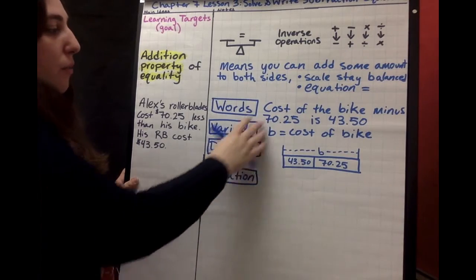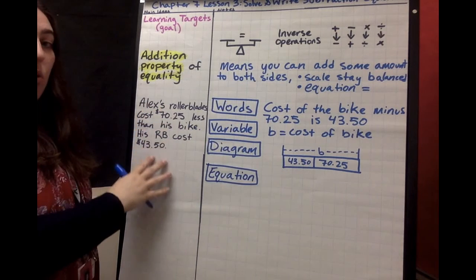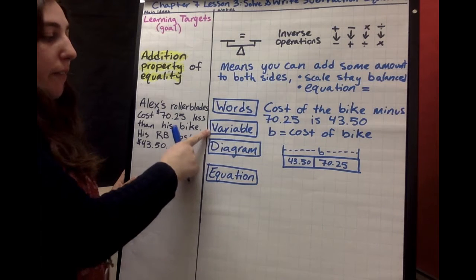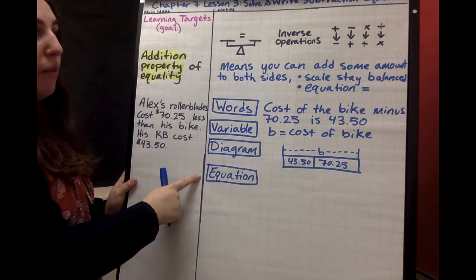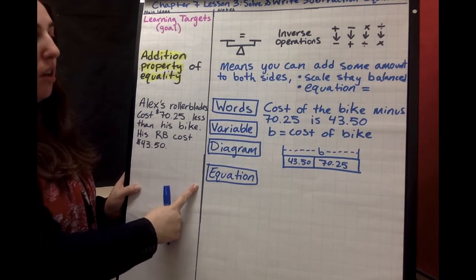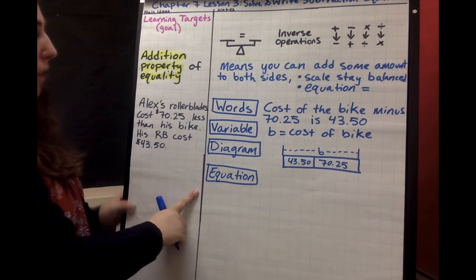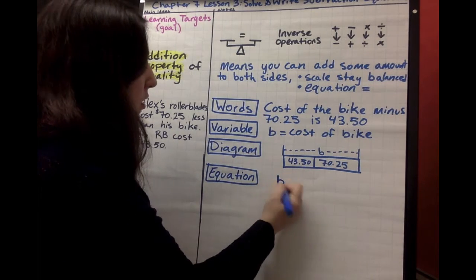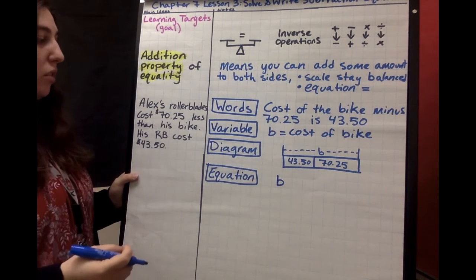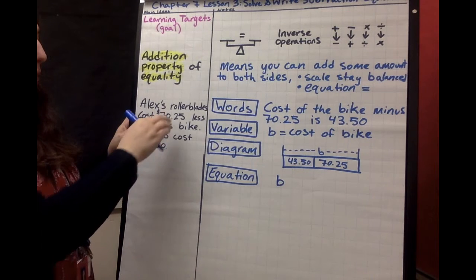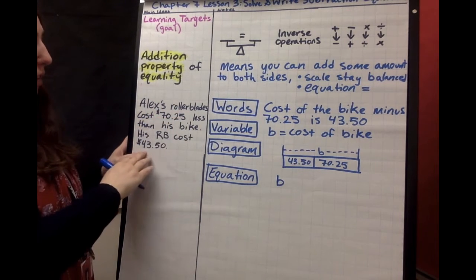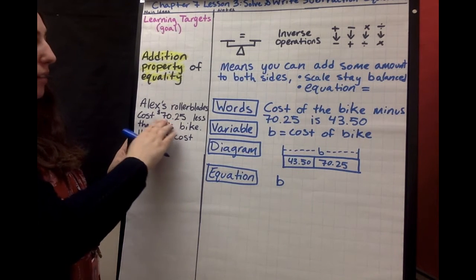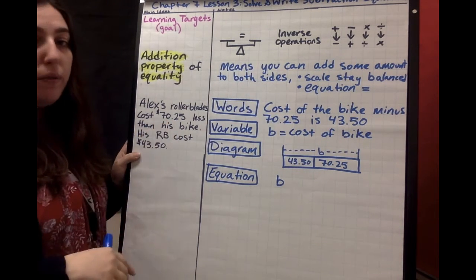Equation we are going to get from all of this. We have our whole situation here. We have the words. We have the variable that's defined. We have a diagram. Now we just need an equation. So my equation is going to start with the bike, B, my variable, because I know that I'm subtracting. So it's going to be the bike minus 70.25.